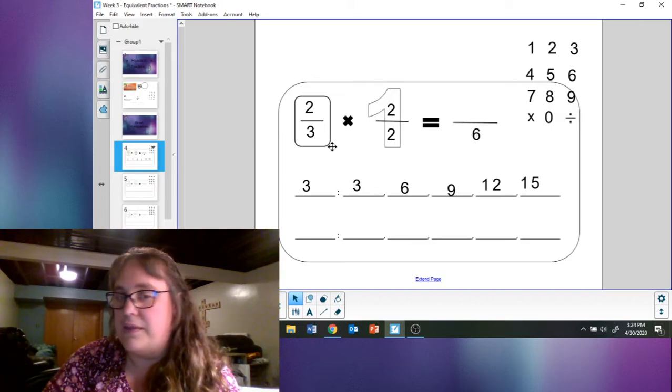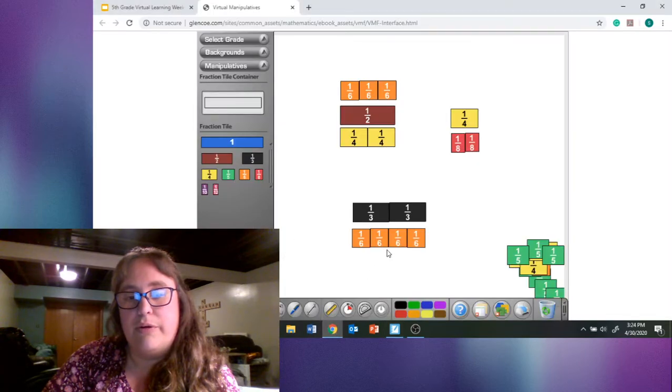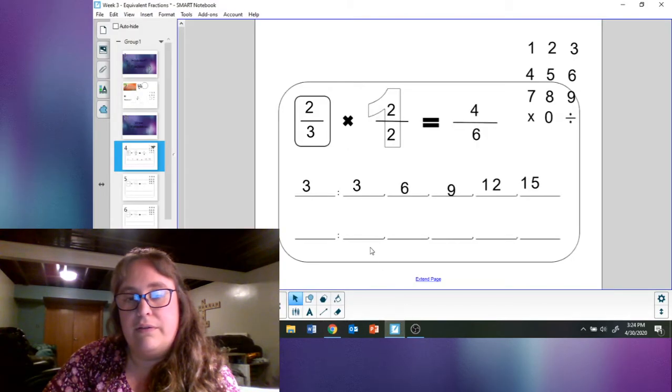Then we're multiplying. This is a 4th grade thing too. So 3 times 2 is 6. 2 times 2 is 4. And if we go back to where we were before, 2/3 is equal to 4/6.